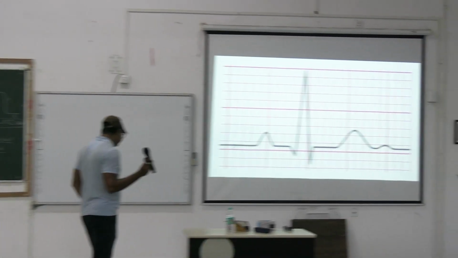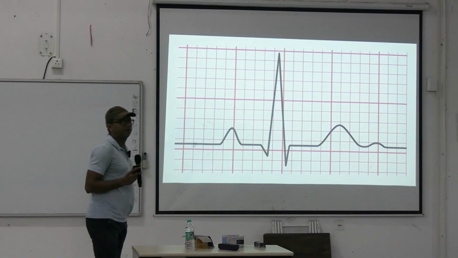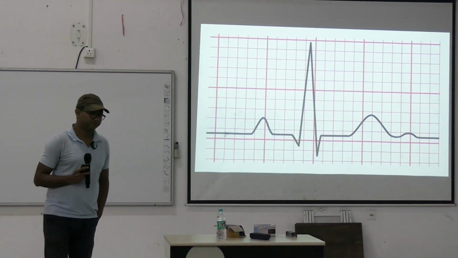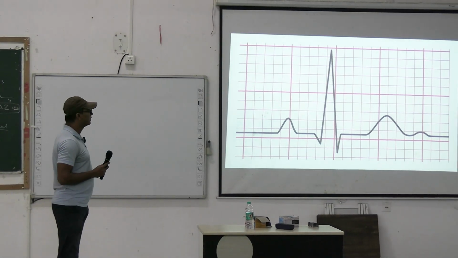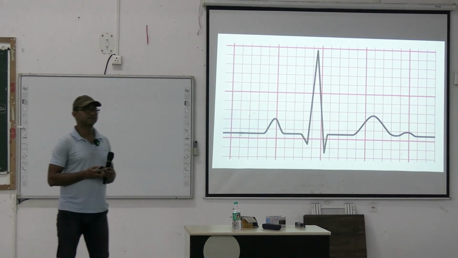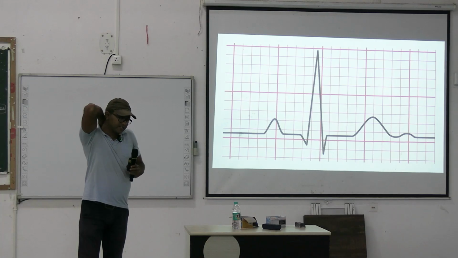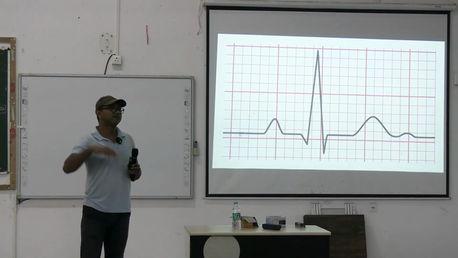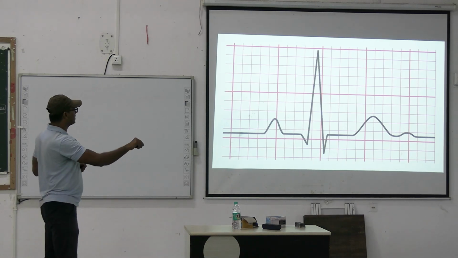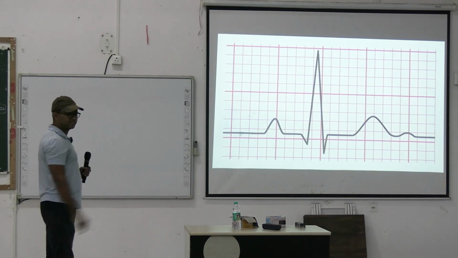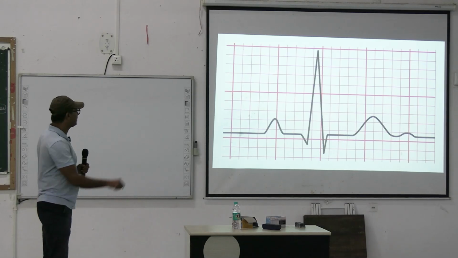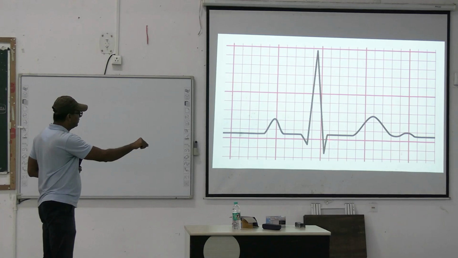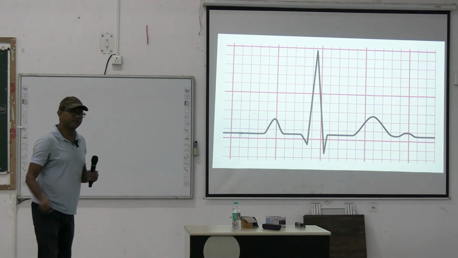Now, net QRS voltage. What is net QRS voltage? Net QRS voltage is combined Q, R and S. So, if we consider R wave is plus 10, Q wave minus 1 and S wave minus 2, say for example minus 2.